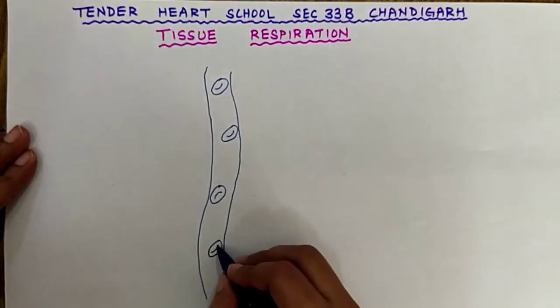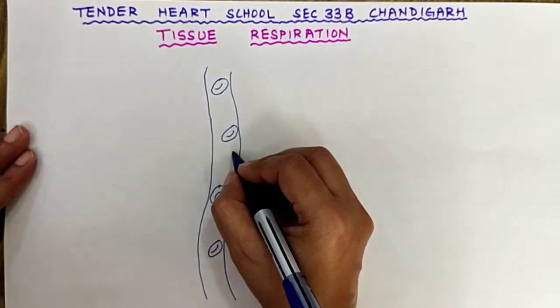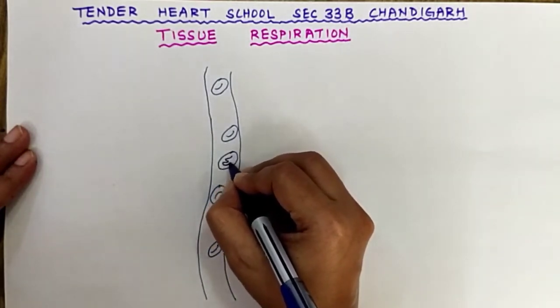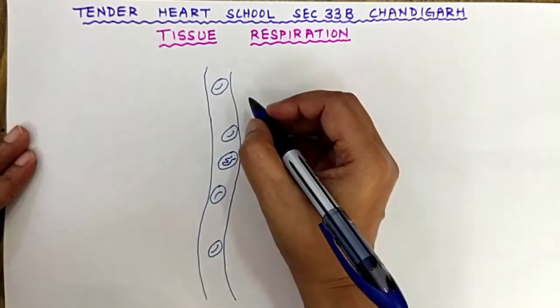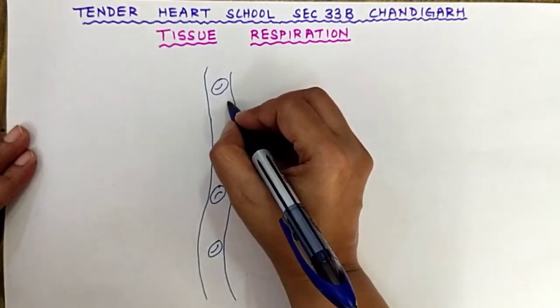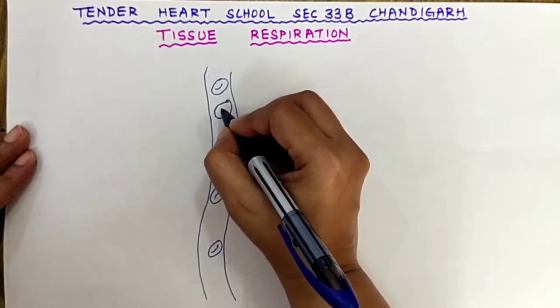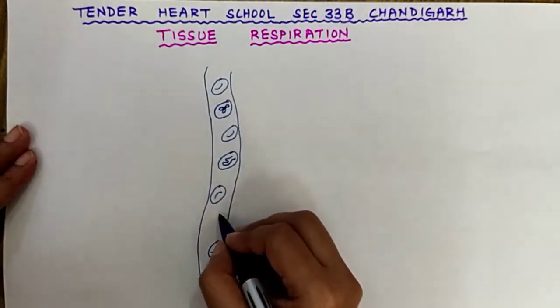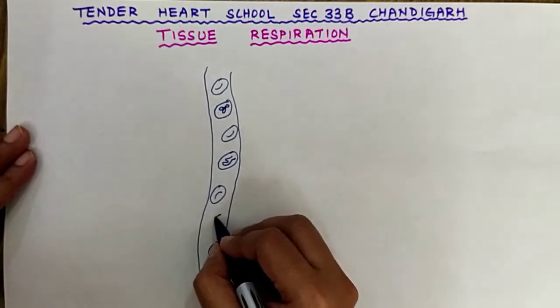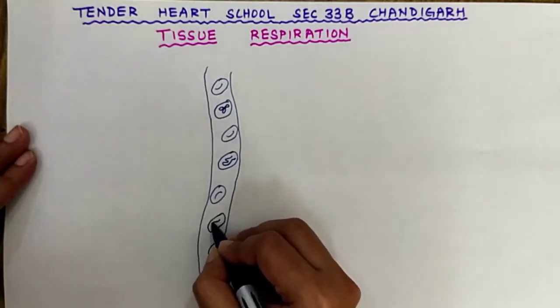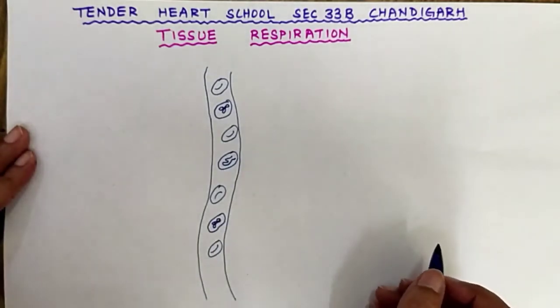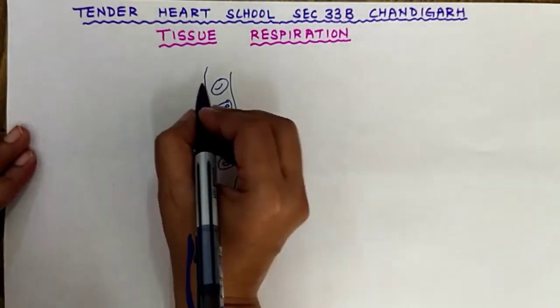right? And then you can also show the white blood cells in the capillary. These are some white blood cells. White blood cells have a lobed or different kind of nucleus. So these are some white blood cells shown. So let us label also.